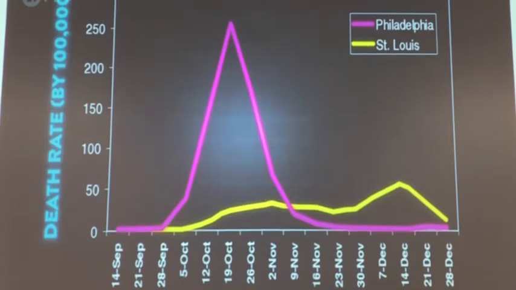Well, St. Louis officials, to their credit, realized this was a potential problem. I think it was the mayor of St. Louis, one of the city officials, who realized that this could be a potential problem for St. Louis. So what they did was something similar to what's going on now. They put a strict limit on gatherings, and look at the effect.